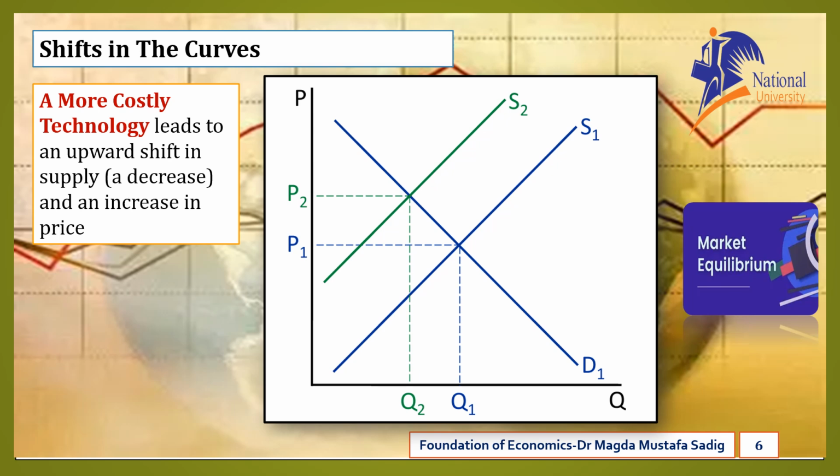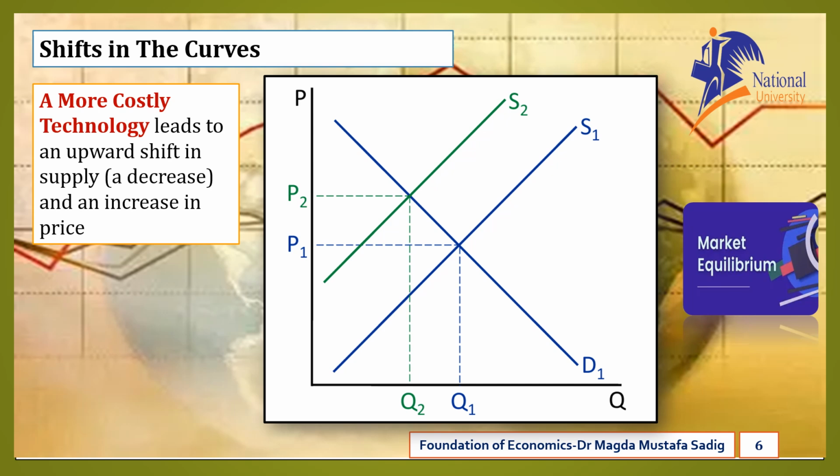Let us introduce a change: more costly technology. Imagine that a new technology makes production more expensive, for example, due to higher energy cost or raw material prices. This increases production cost, which reduces the quantity supplied at each price level.